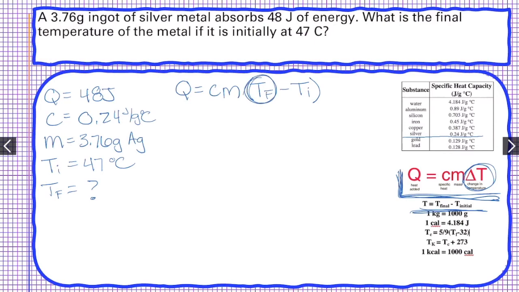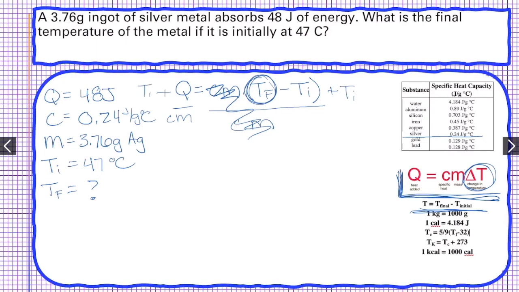Okay, so let's go ahead and rearrange this so we have final temperature by itself. So what I need to do is divide both sides by cm, by specific heat and mass. Okay, that gets rid of cm on this side, but because I'm subtracting my initial temperature from my final temperature, I need to add Ti to both sides.